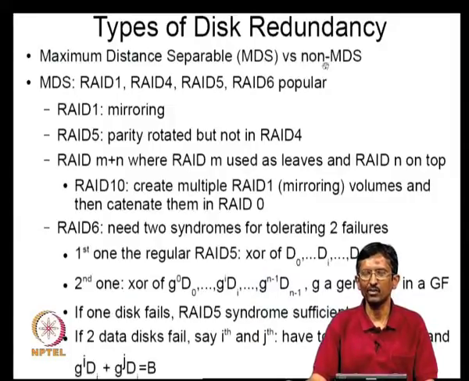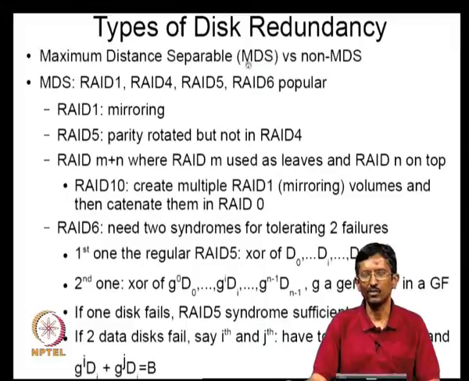Basically because of the way the parity is computed, using certain combinations, in some combinations you can recover from it, in some combinations you cannot recover from the failures.